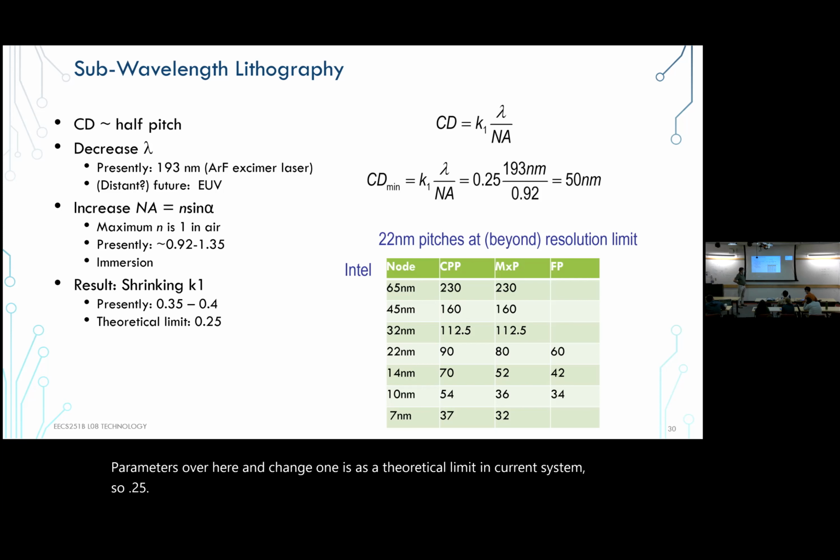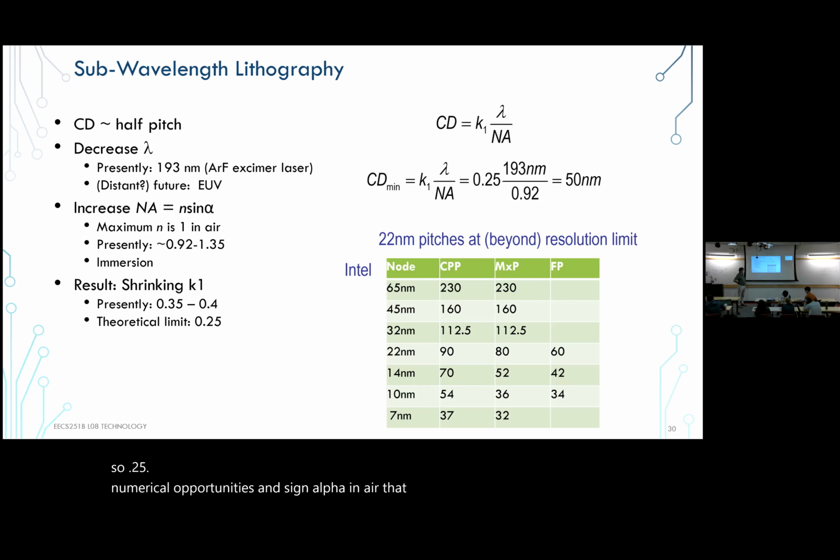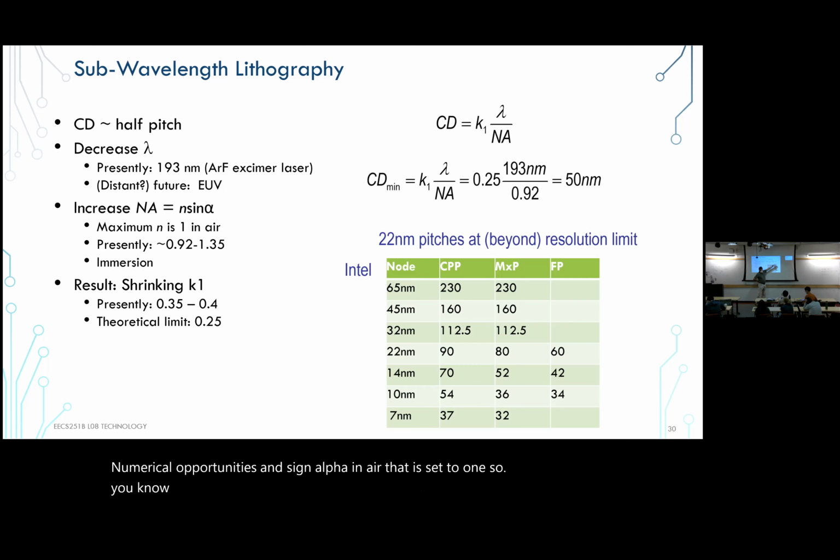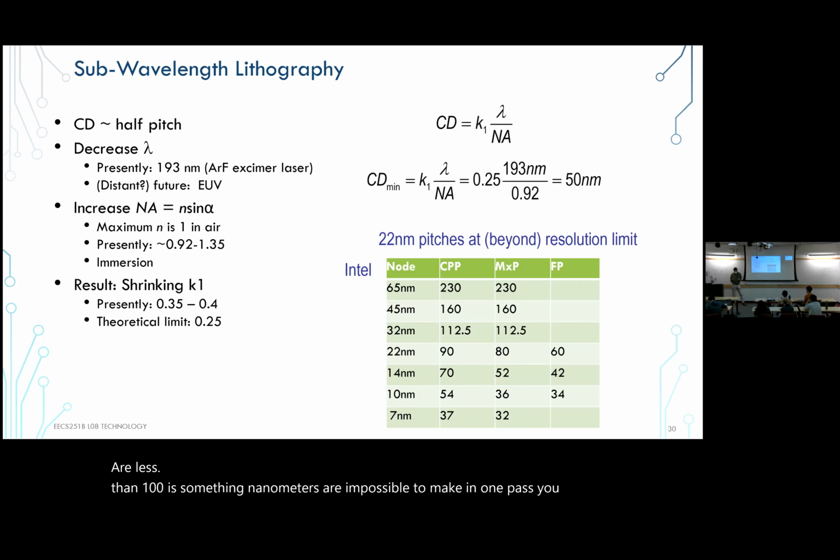Numerical aperture is n sine alpha, and here that is set to 1. So this critical dimension is somewhere larger than 50 nanometers, meaning that pitches that are less than 100-something nanometers are impossible to make in one pass. You can't make them in one pass.